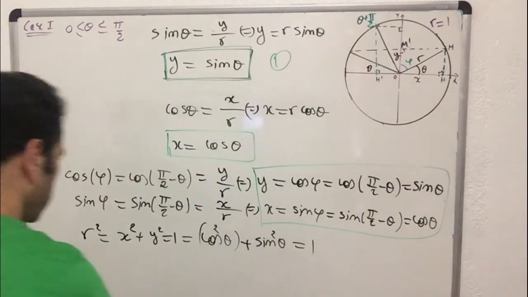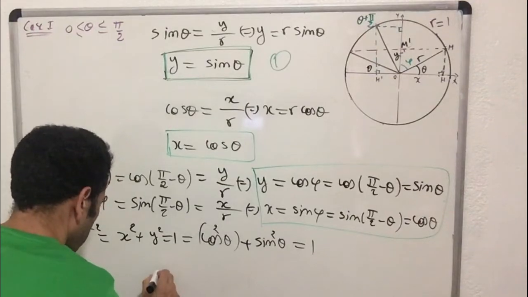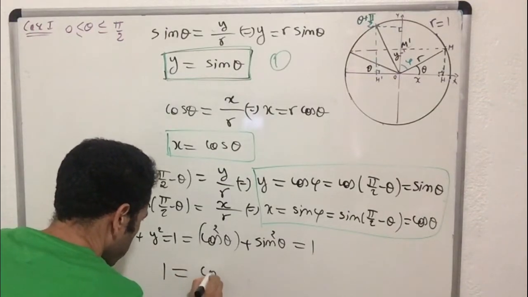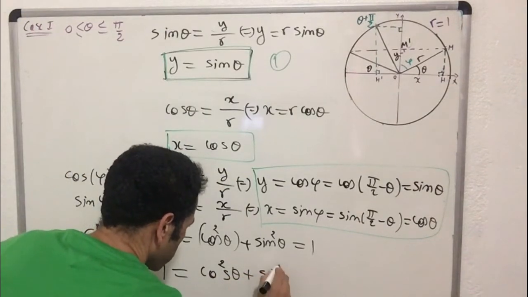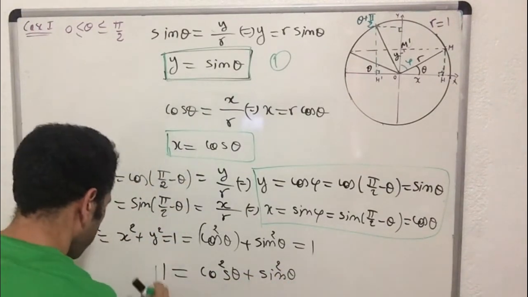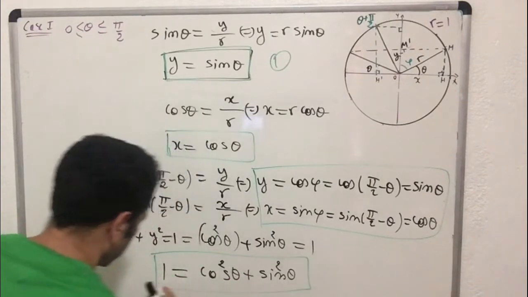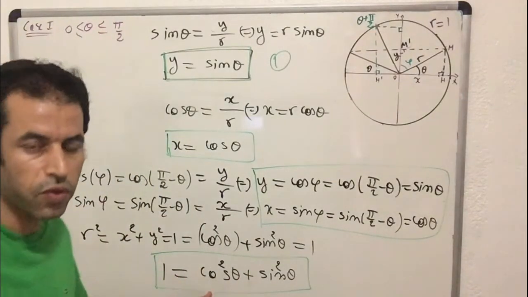That's what I found here. So my connection between sine and cosine: 1 equals cosine squared theta plus sine squared theta. Now this is a very important and useful equation.